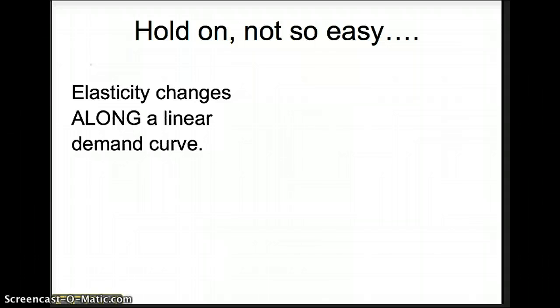The reason why elasticity changes along a downward sloping demand curve is due to the fact that a 1 unit change with large numbers is a relatively small percentage change, while a 1 unit change with small numbers is a relatively large percentage change.